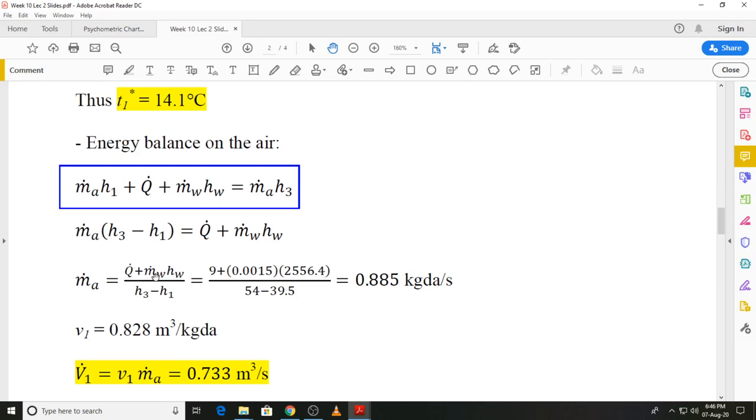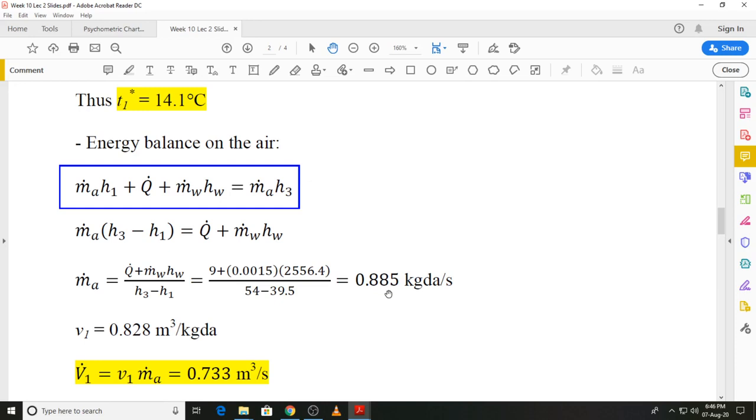Similarly, m dot w is also given to us. hw we obtained from the table, that is table A1. And what we need are values of h3 and h1. Because we have located states 3 and 1, these values of the specific enthalpy can be found from the psychrometric chart, which I have shown over here to be 54 and 39.5, giving us the mass flow rate as 0.885 kilogram dry air per second.